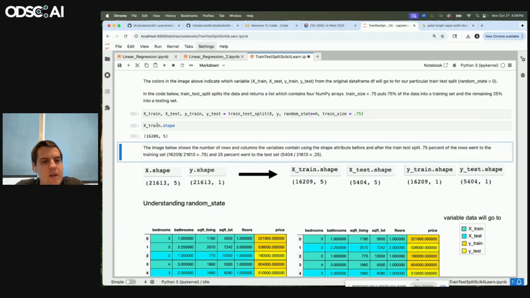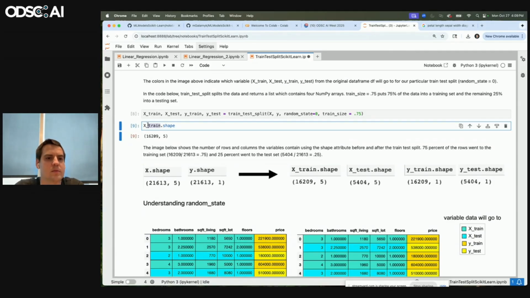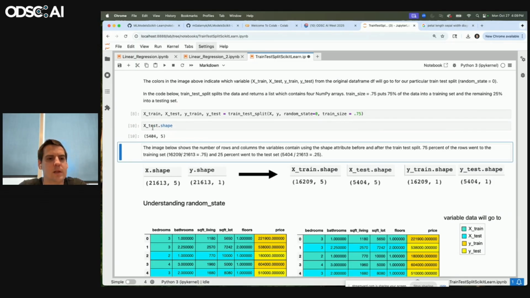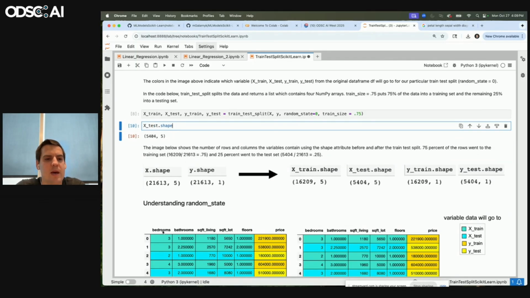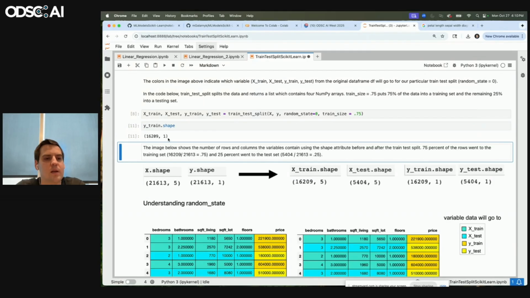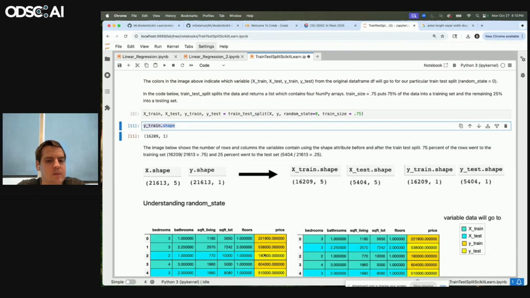And then the remaining number of rows go into our testing set. One thing you'll notice is that we have 5 columns because it's basically just information from our X. It just happens to be different rows. And then in our testing set, for our Y value, we just have our prices. It's just the price information.